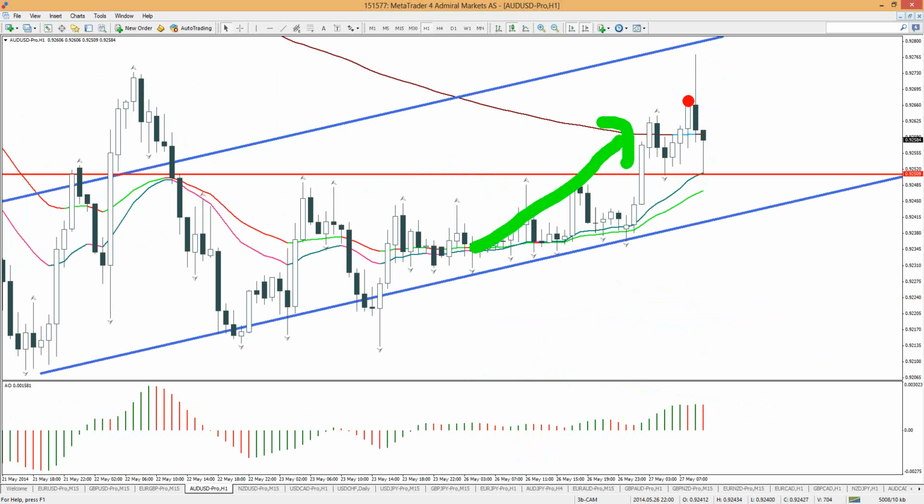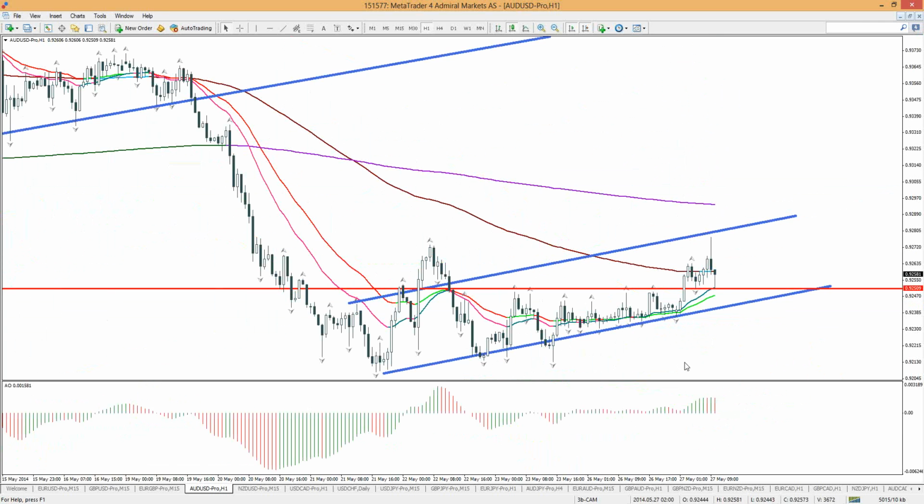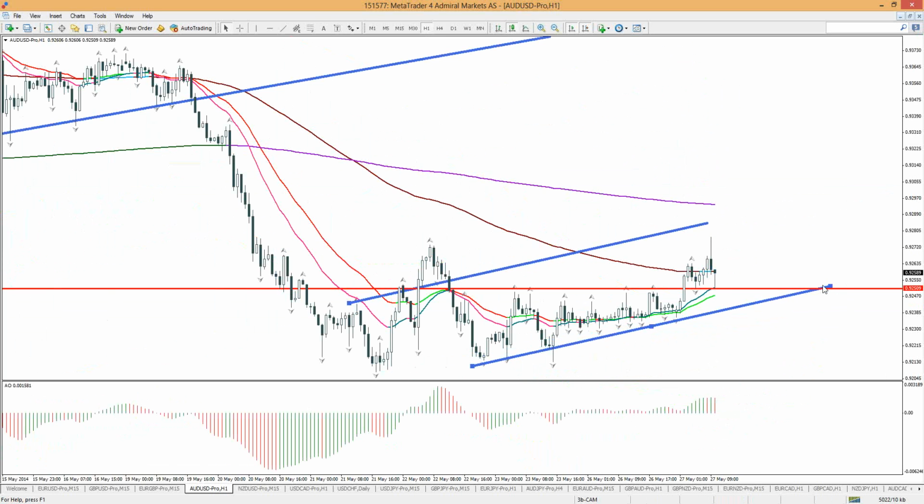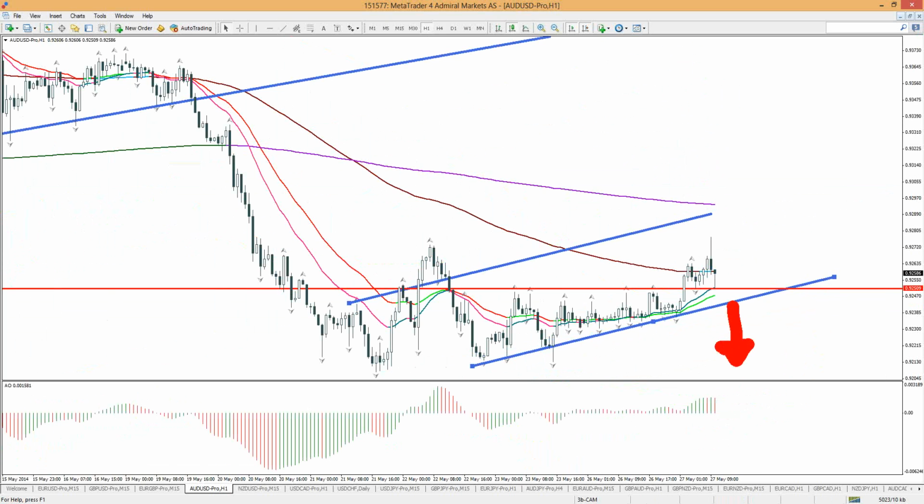So there's a bit of a battle going on, isn't it? We could even use just a conventional trend line like this, for instance. A break of that line could also be a way of trading the downside.